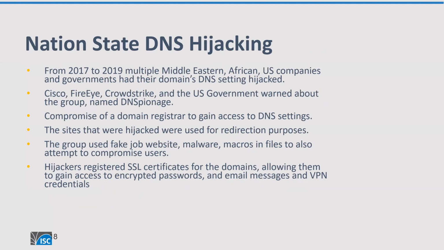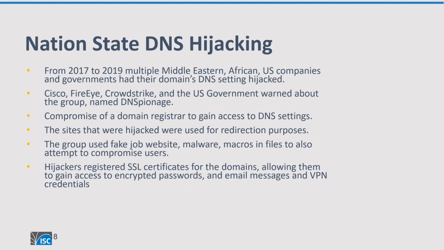So next piece is a bunch of nation-state DNS hijacks that happened from, as you can see, 2017 to 2019, and it was worldwide. But a lot of focus was seen in Middle Eastern countries, a little bit of African, and a few U.S. companies and governments.